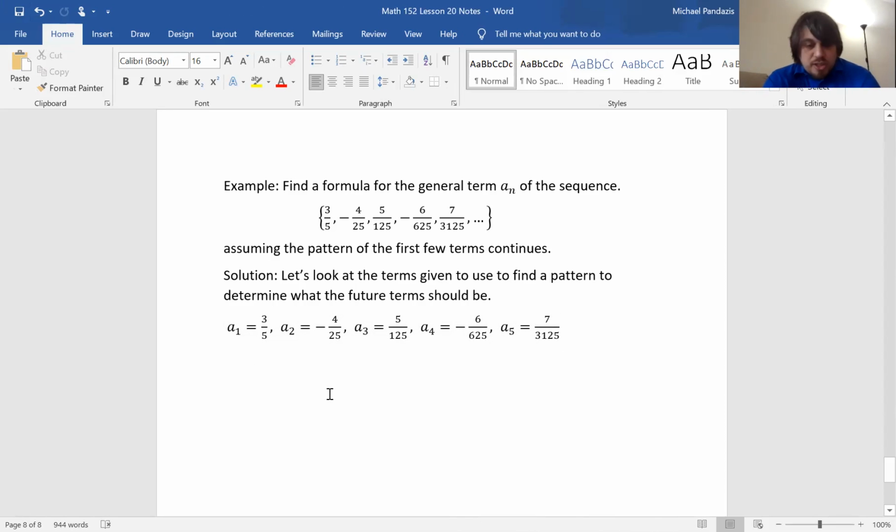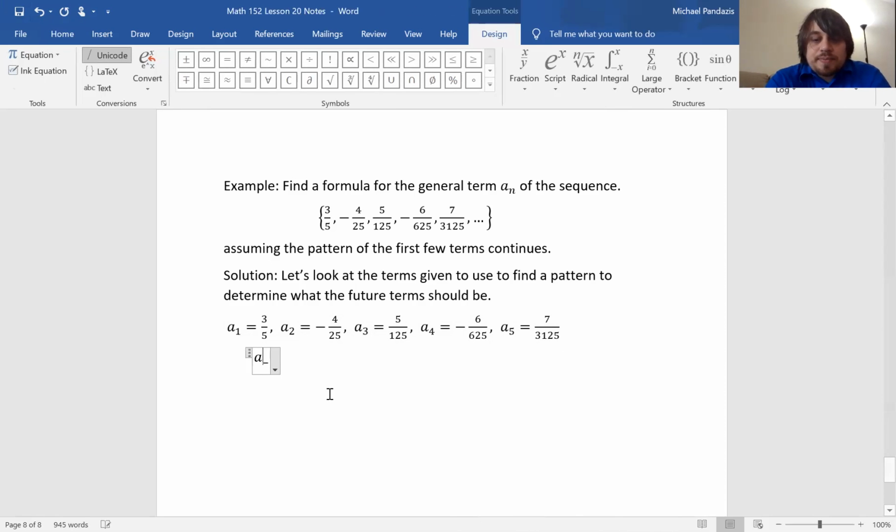And so if we want to express a sub n, well, the numerator is always 2 more than the index. As the index increases by 1, the numerator also increases by 1. And so that relationship stays. And so the numerator is n plus 2, right? The numerator is always 2 more than the index, n.